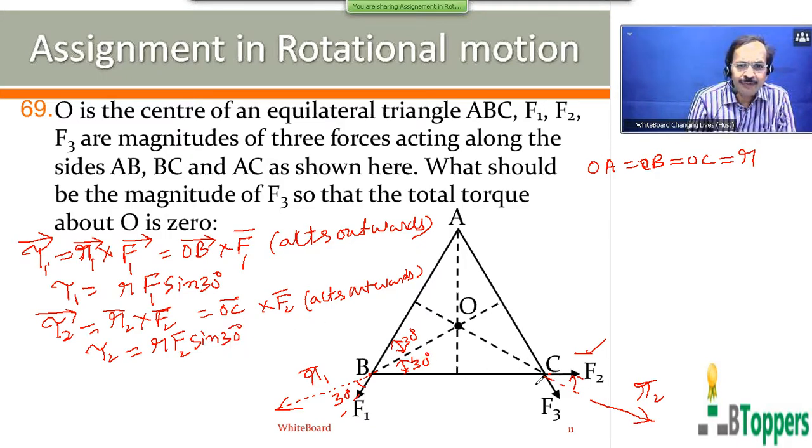The moment of the third force F3 bar, denoted by tau 3 bar, is equal to R3 bar cross F3 bar. R3 bar and R2 bar both can be taken to be the same here.